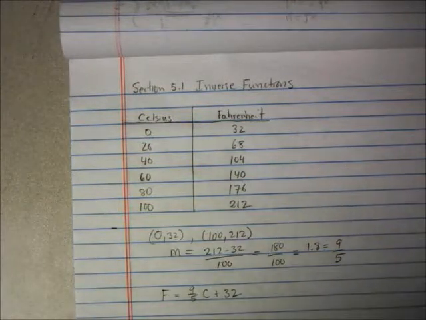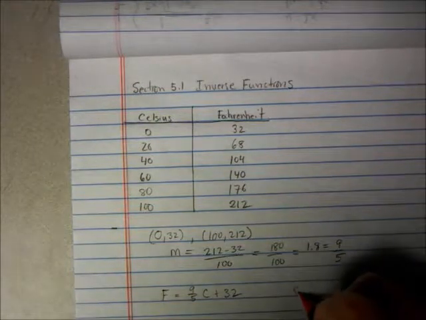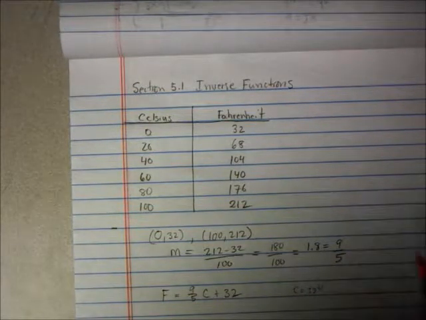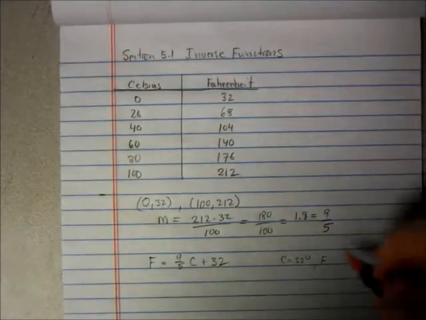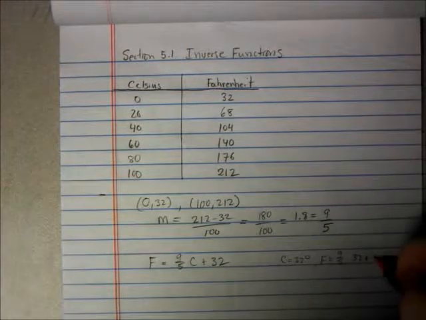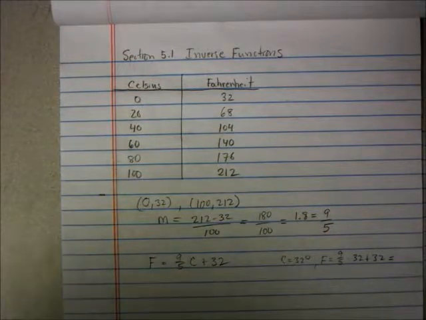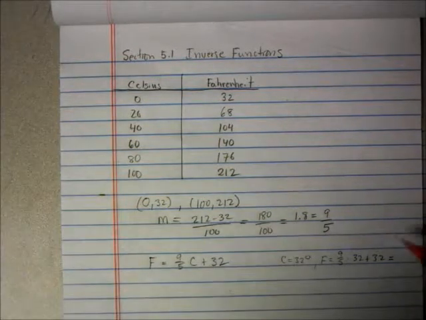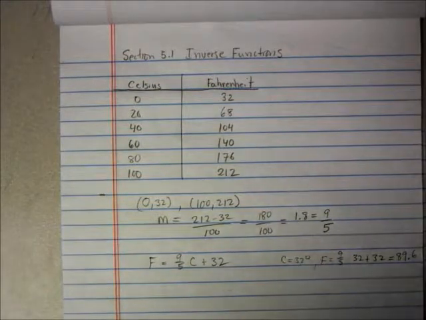So if you woke up in the morning and somebody told you that the Celsius temperature was going to be 32 degrees, you could figure out the Fahrenheit temperature. F is 9/5 times 32 plus 32, which is 89.6. So it would be a pretty hot day. Want to dress appropriately for the weather.